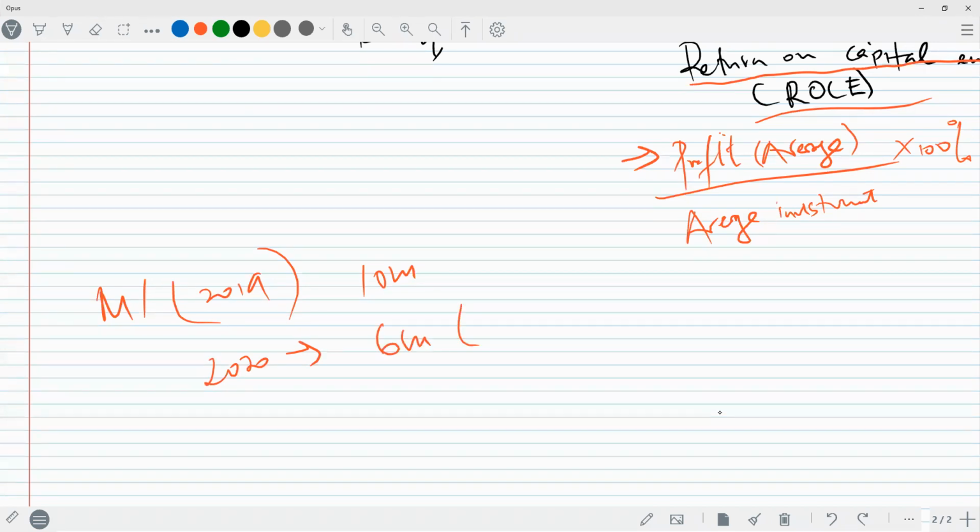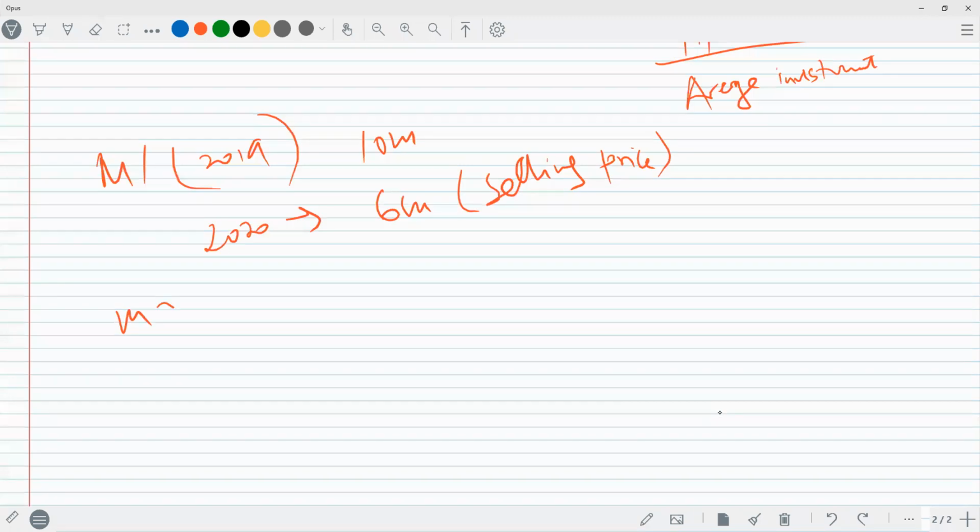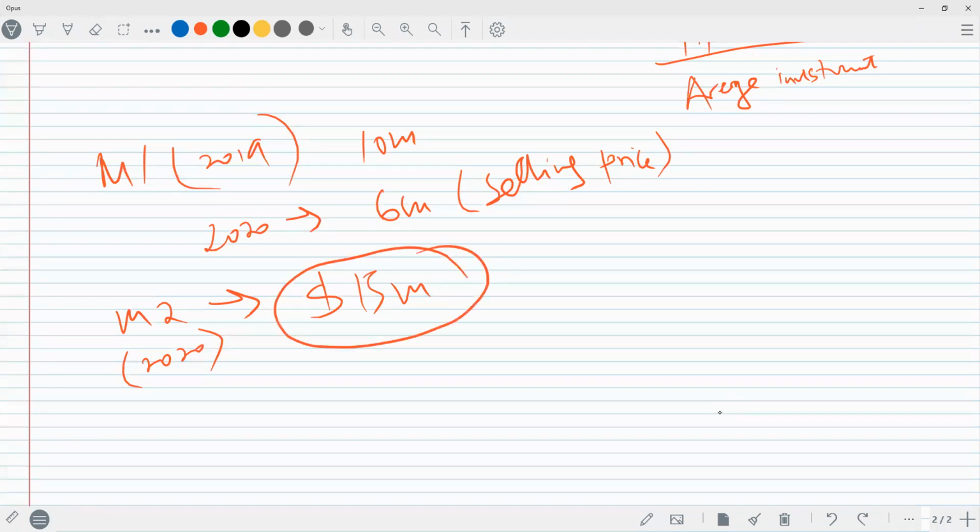So the market is going to give us 6 million from the sale of machine 1, and here we want to buy machine 2. The cost of machine 2, occurring today in 2020, is assumed to be 15 million. Therefore, the initial investment we require is 15 million, the amount you need to pay for machine 2.